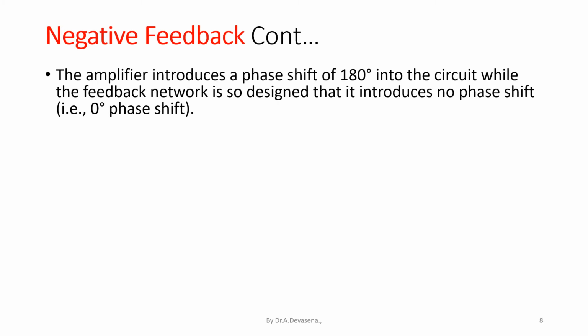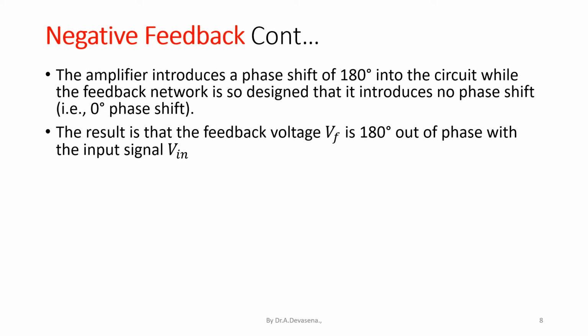The amplifier introduces a phase shift of 180 degrees into the circuit, while the feedback network is so designed that it introduces no phase shift, that is a 0 degree phase shift. The result is that the feedback voltage V_f is 180 degrees out of phase with the input signal V_in.